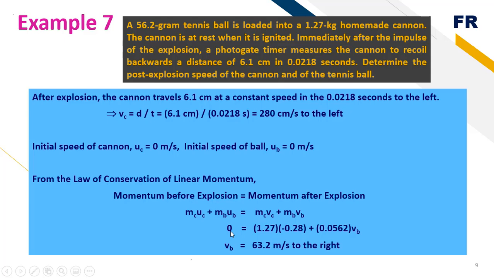So 0 here for the initial, but we have a value for momentum after the explosion. By substituting all the values that we have, we can determine that vB, the velocity of the ball after the explosion, is 63.2 meters per second to the right.